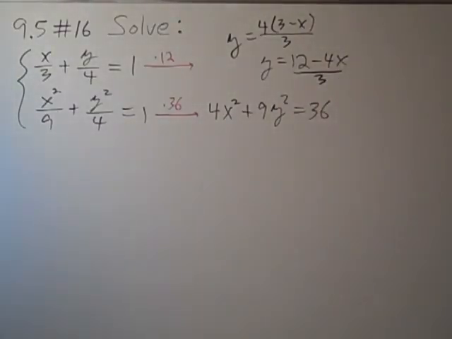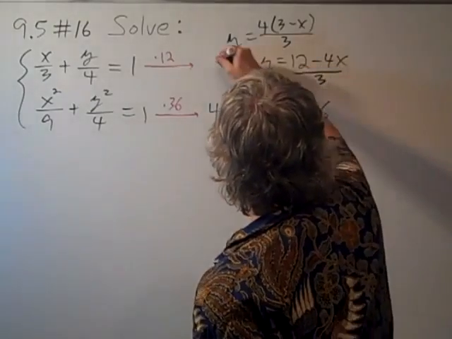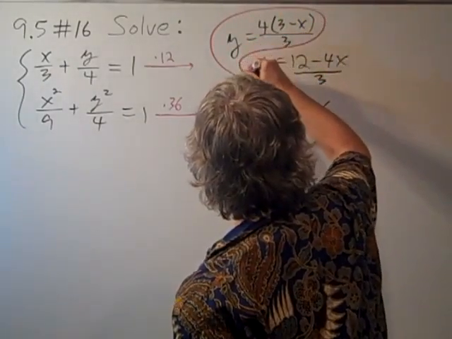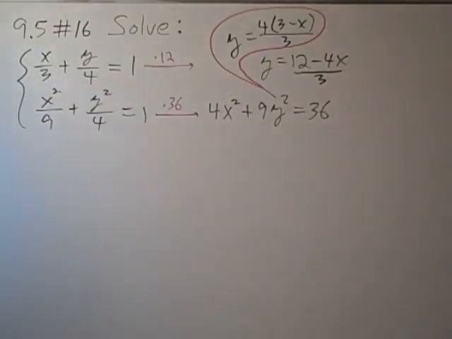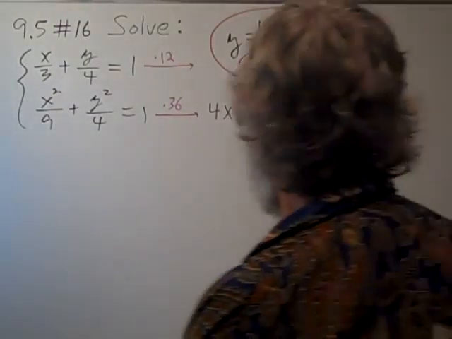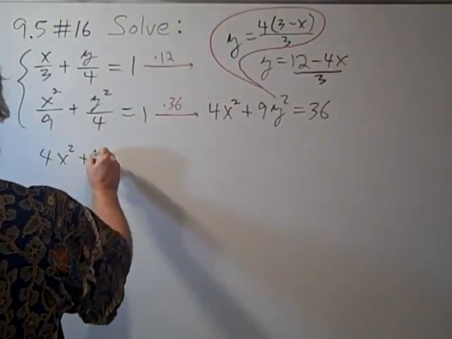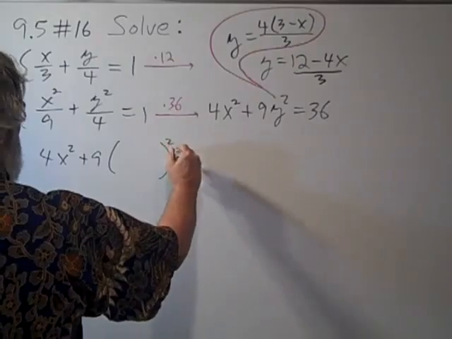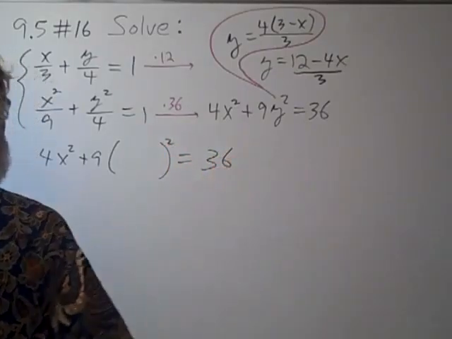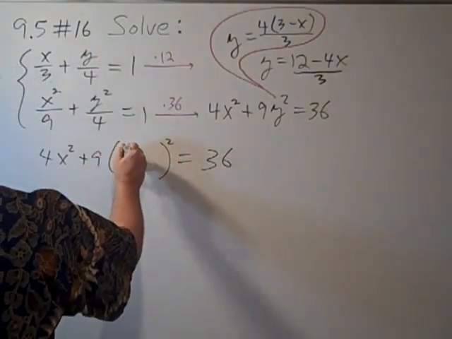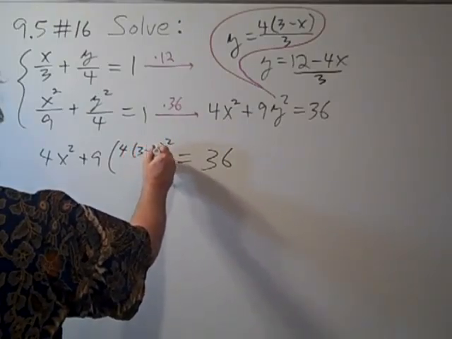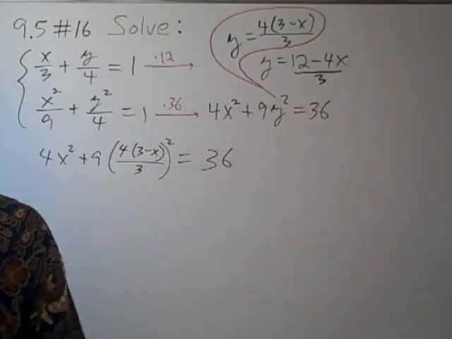And now I want to substitute that value for y into the second equation. The second equation then becomes 4x squared plus 9 times y squared equals 36. But y is now 4 times (3 minus x), all divided by 3.